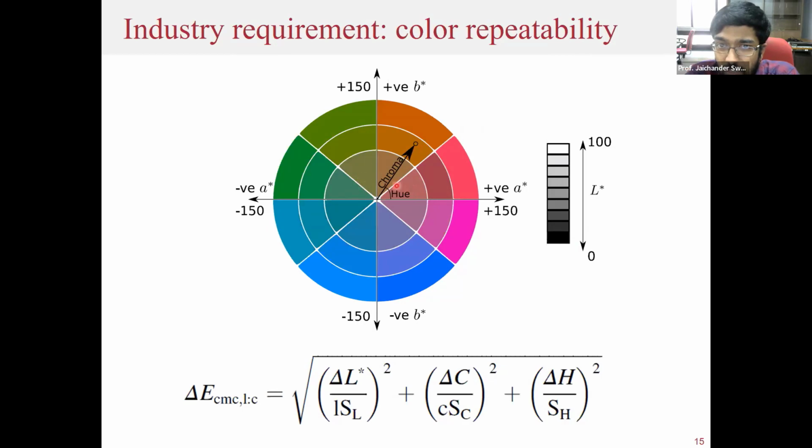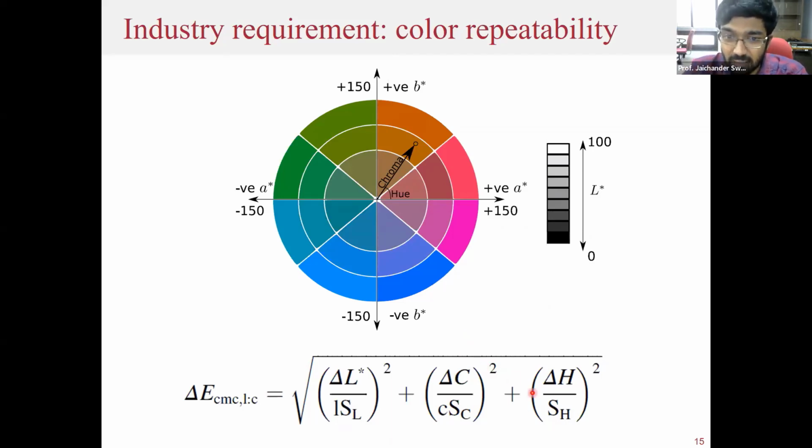So this is like a cylindrical polar coordinate space. The A and B axes denote the redness and greenness of the fabric, and the L axis denotes the lightness or darkness of the fabric. Color differences in this color space are basically measured as a weighted distance, where the weighting factors are chosen to account for human sight, because our eyes are more perceptive in certain ranges of color.